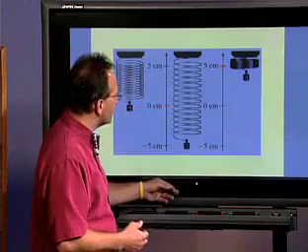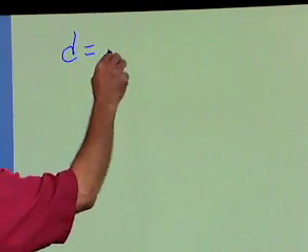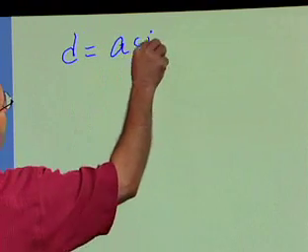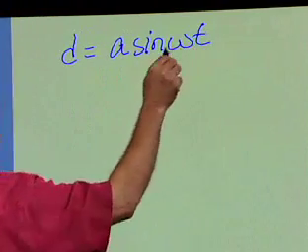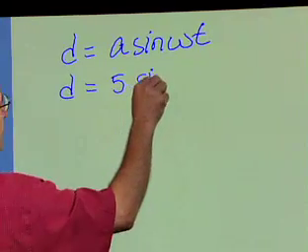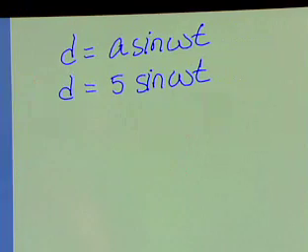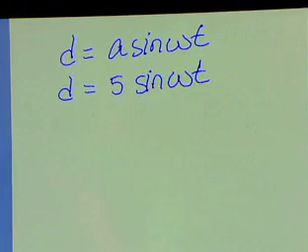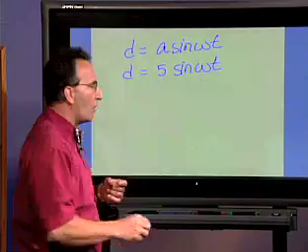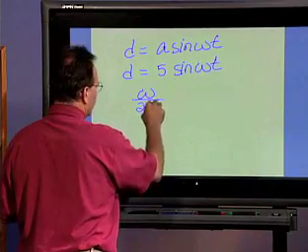So let me go to a screen, and what we're going to have is d equals a times sine omega t, and we just got through saying that the amplitude would be 5, so it's d equals 5 sine omega t. Then we know that the frequency is omega over 2 pi.